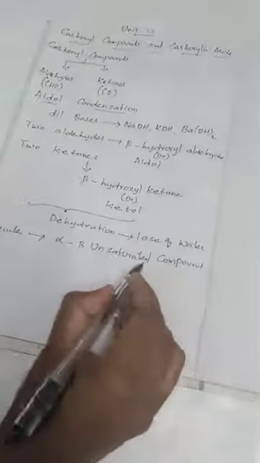Alpha, beta unsaturated. So you know that unsaturated compound means our final product is formed with a double bond.